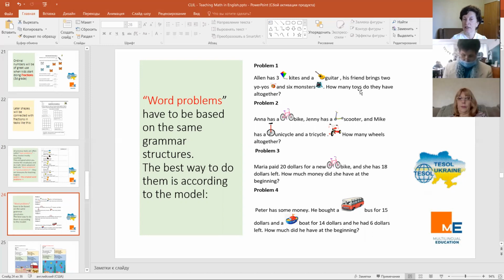And very often it is difficult for the kids to say, for example, I have 5 fingers, 10 fingers and 10 toes. How many body parts do I have? Or how many toys do I have? Or how many fruits do I have? So giving the category for the vocabulary is also good for practicing this vocabulary.